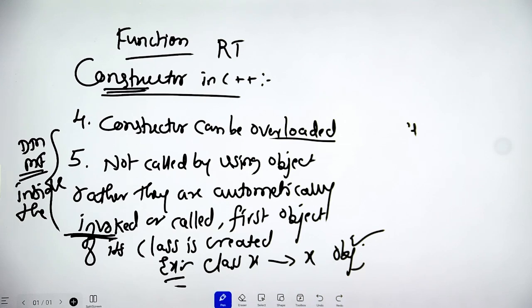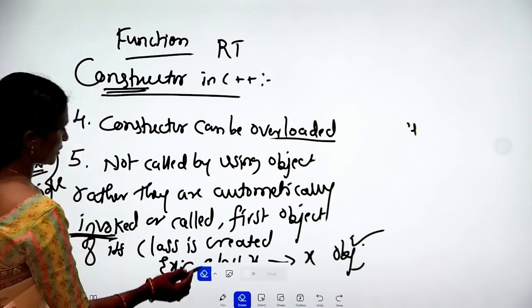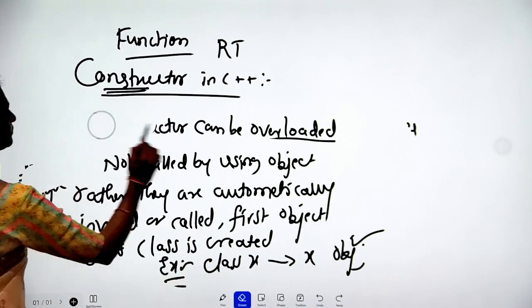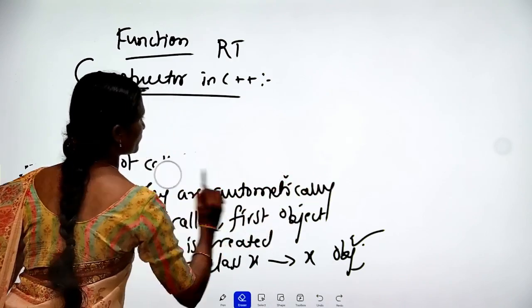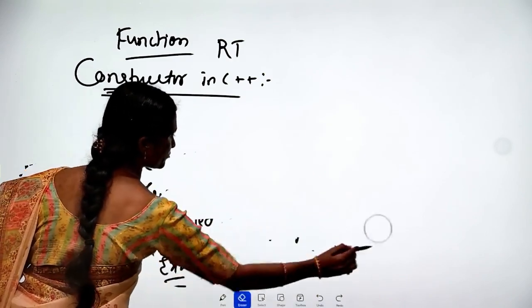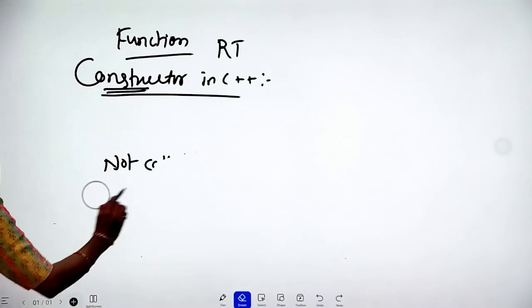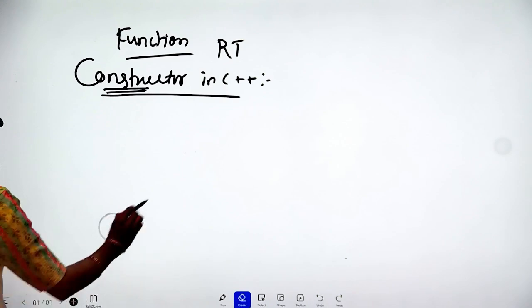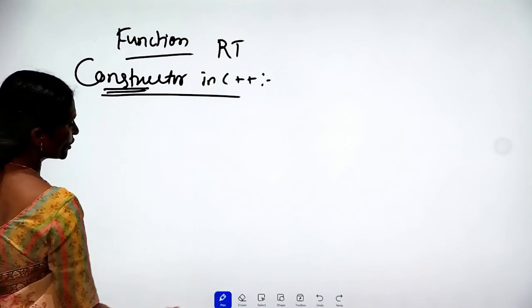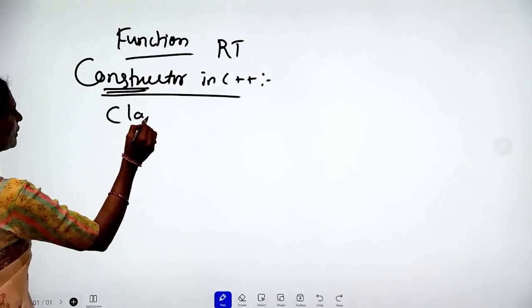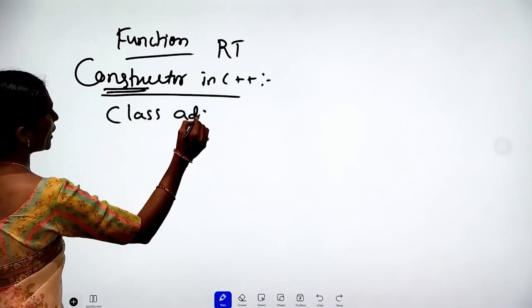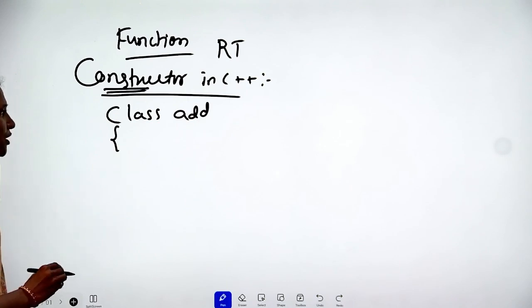Okay, let's take a simple example for that: performing the addition of two numbers. Here the class is App.